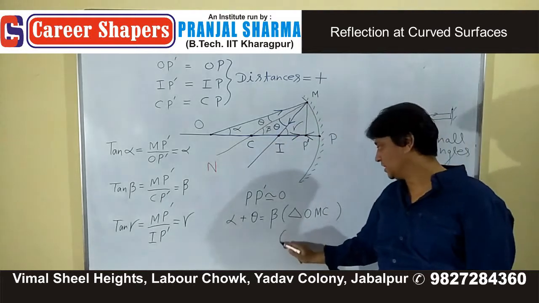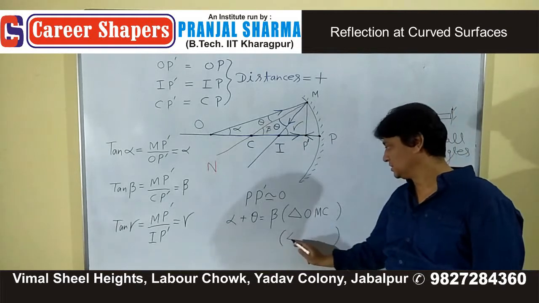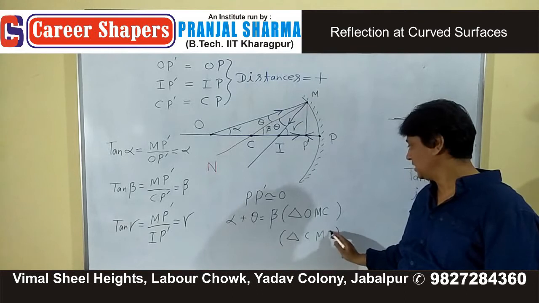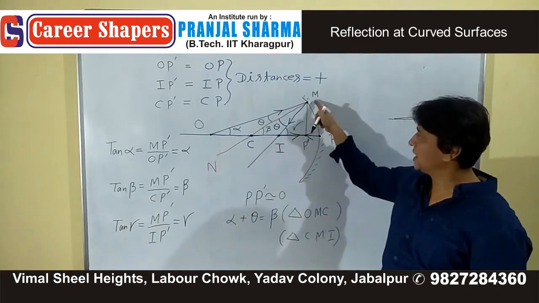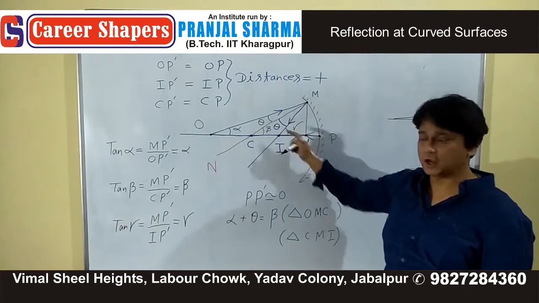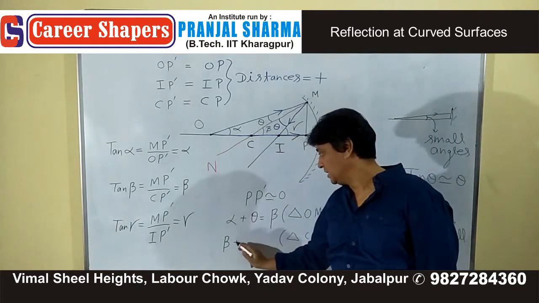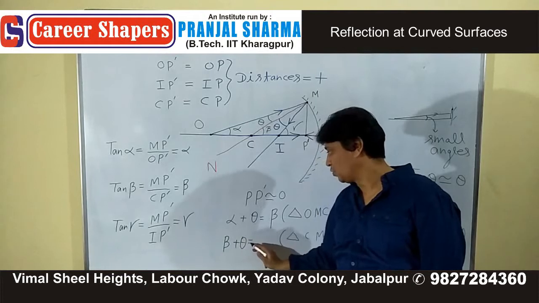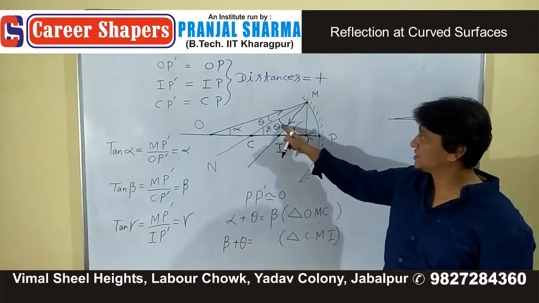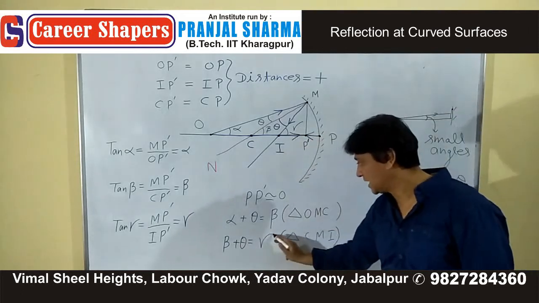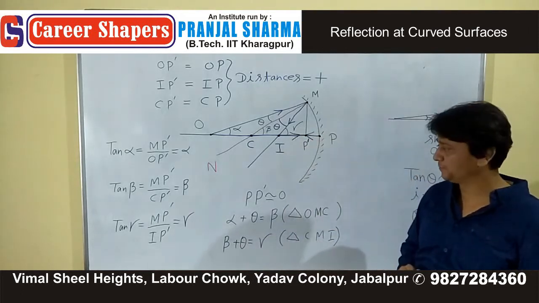When you consider triangle CMI, beta and theta are the internal angles, and their sum is equal to the external angle gamma.